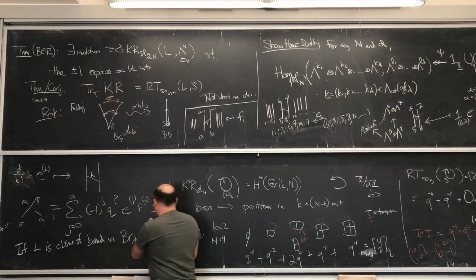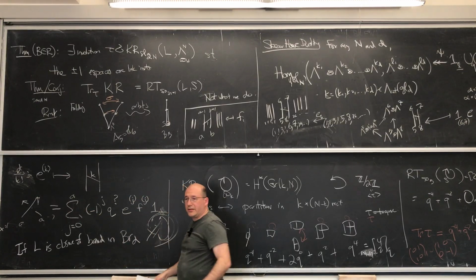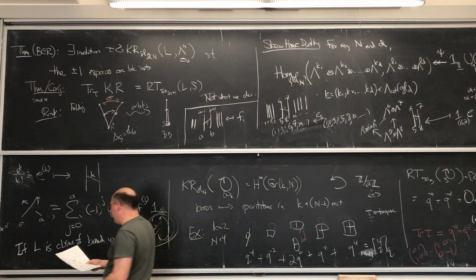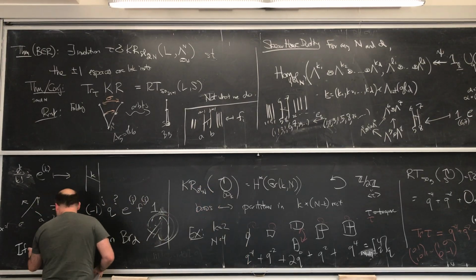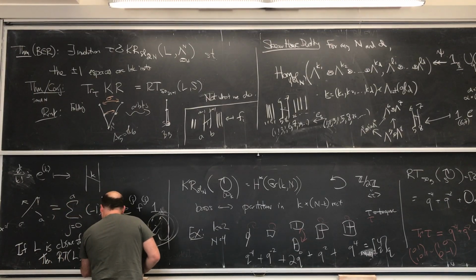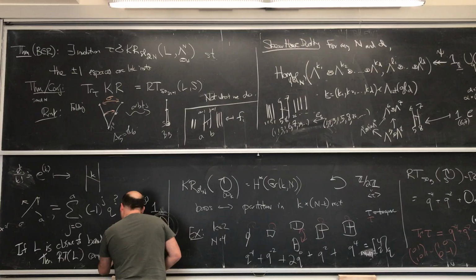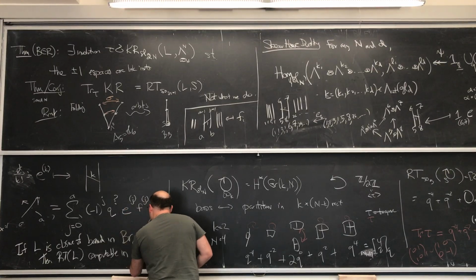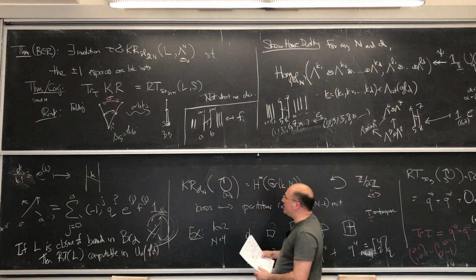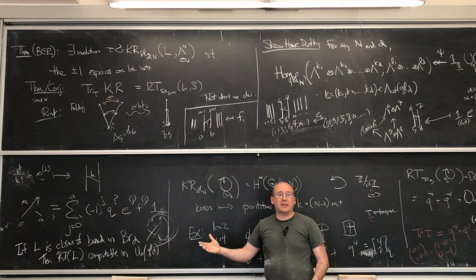Then I close it up, and that's taking some kind of trace. And as a consequence, I can actually compute all of that. So this link invariant, the Reshetikhin-Turaev invariant of L, is computable in UQGLD. Instead of thinking about representations of SLN, you can think about representations of GLD.